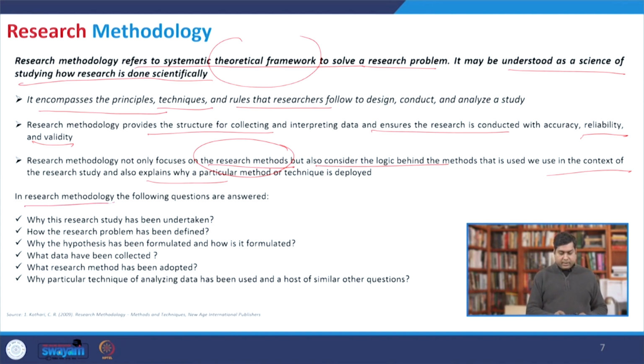So essentially research methodology will answer some of the following questions: why this research study has been undertaken. This is where you have to start with the problem statement, the research problem. Then you also need to talk about the research gap.